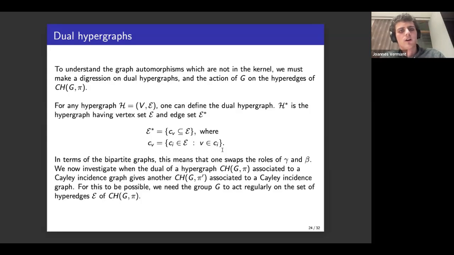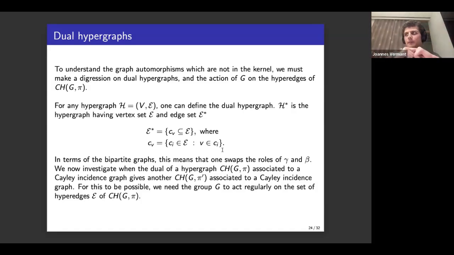And to have an automorphism which swaps the two sides for this hypergraph, we need to understand when the dual hypergraph can also be the hypergraph for a Cayley incidence graph. And one thing which we need for sure is that we need the action to be regular on the hyperedges, because the hyperedges will be the vertices of the dual hypergraph.